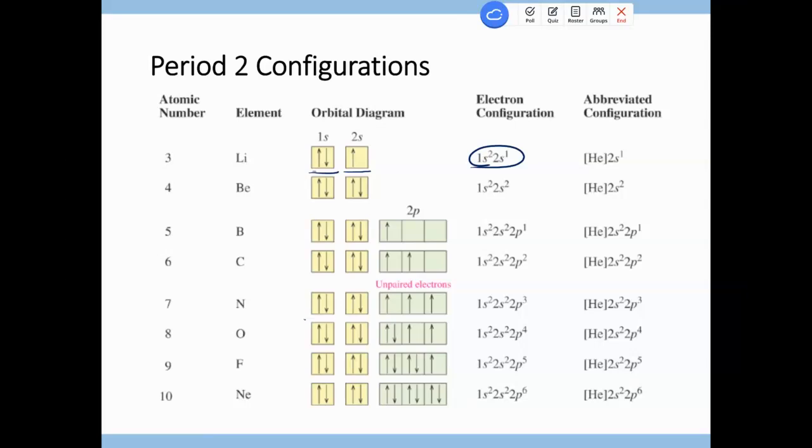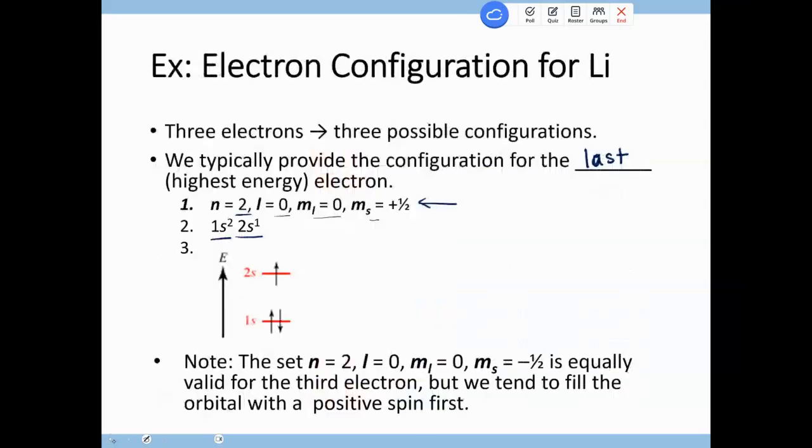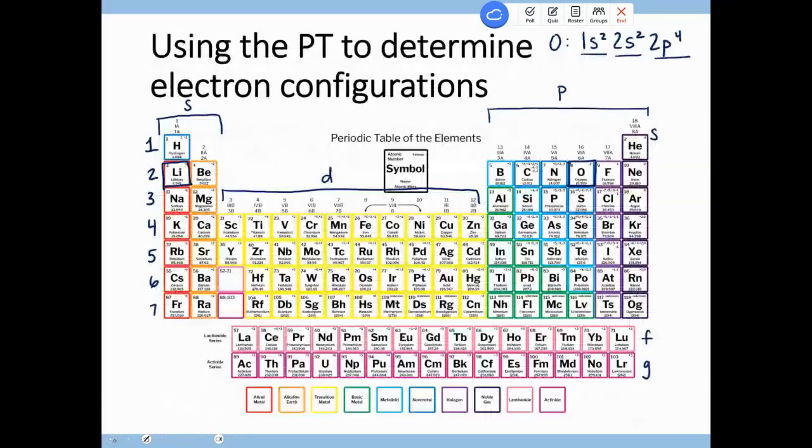Let's look at nitrogen. Going back to the periodic table, nitrogen is element 7. It has a full 1s shell, so that gives us 1s2. It has a full 2s shell, so we have 2s2, and then it has 3 electrons in the 2p shell.